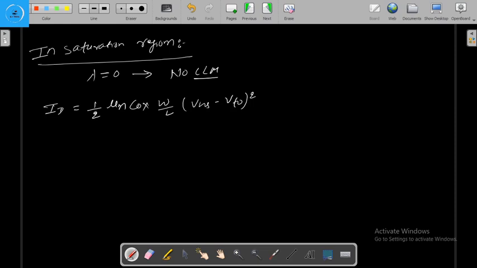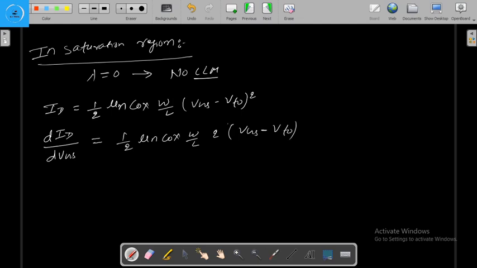Now we are going to differentiate this drain current with respect to VGS. It will be equal to 1/2 mu_n C_ox W/L times 2 (VGS minus VT).